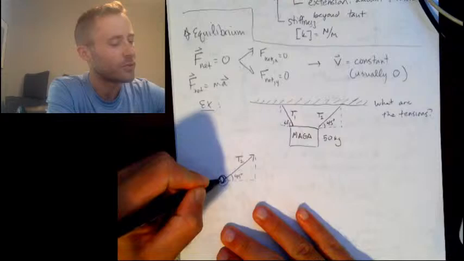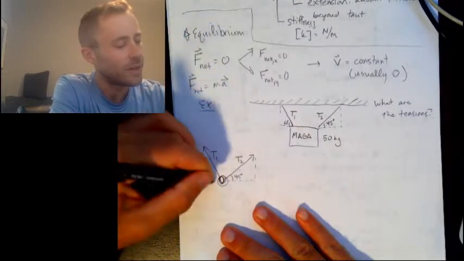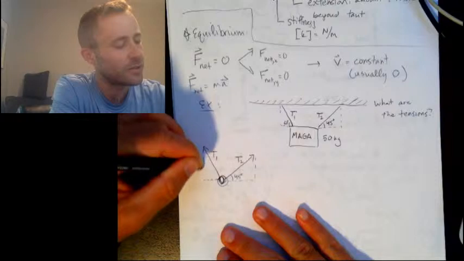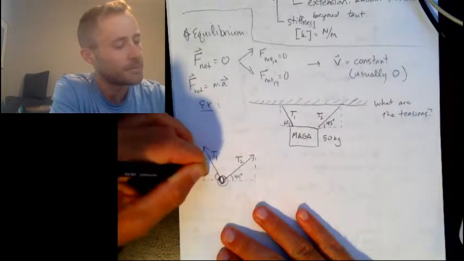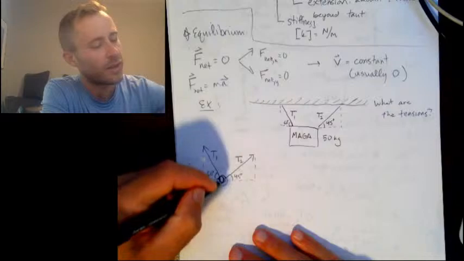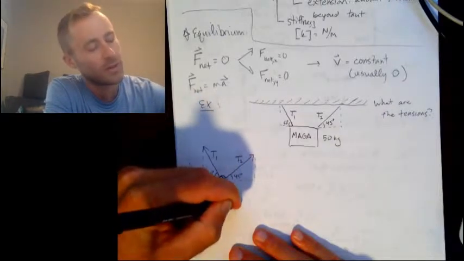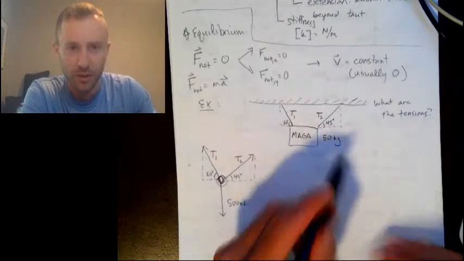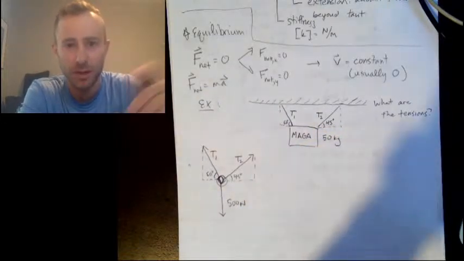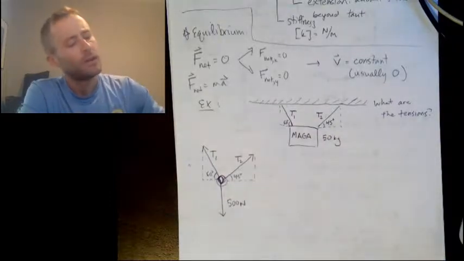And there's force T1 that is at an angle of 60 degrees. And then there's a weight force, which is 500 newtons. Notice that the mass is 50 kilograms, so I take the mass and multiply it by gravity and I get 500.